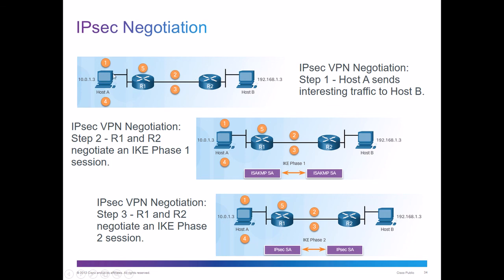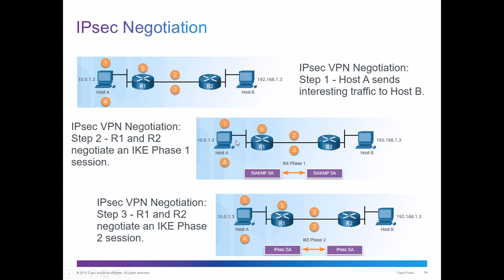If you are going to the internet somewhere else, that's not interesting data. That's not going to trigger a VPN. So interesting data is when the router looks at where you're going, and if it's according to the access list that's going to trigger a VPN, then you go to step two. So the interesting data has triggered a VPN.